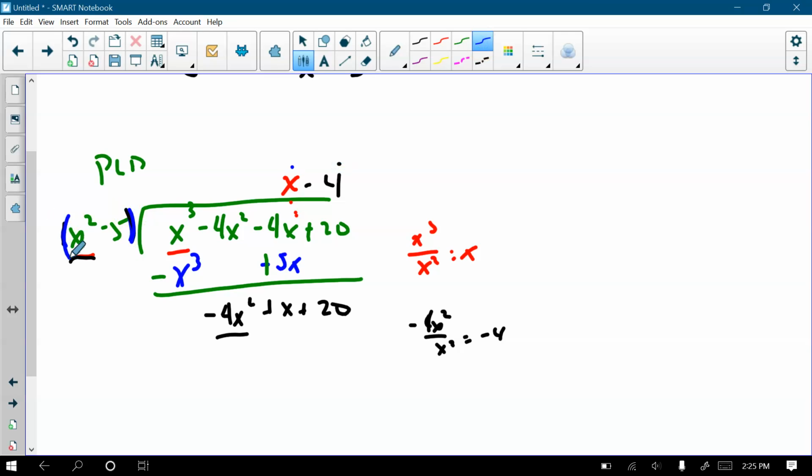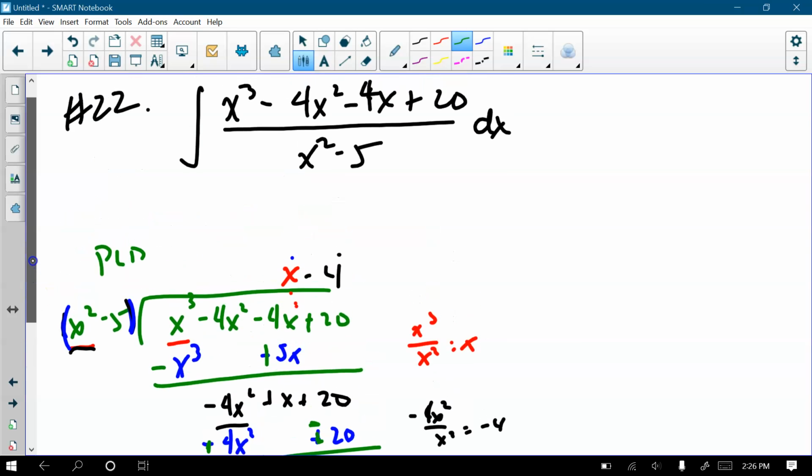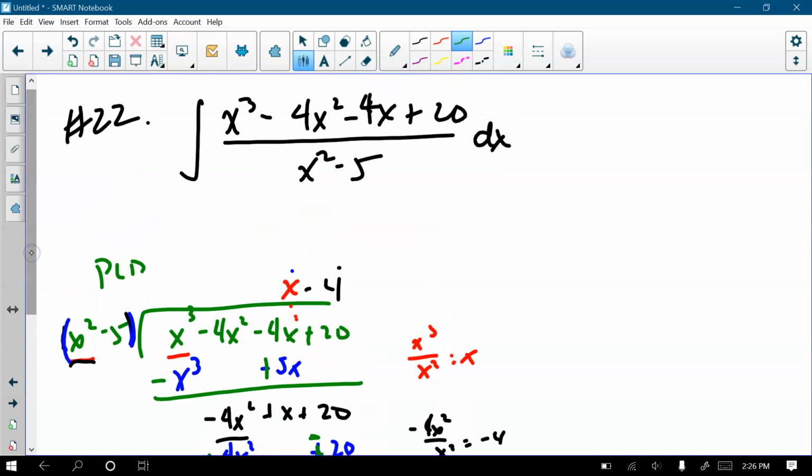That gives 4 times x squared, which is negative 4x squared, and negative 4 times negative 5 is a positive 20. But because we're subtracting down here, this sign changes and that sign changes, and we end up getting just a single x. Perfect.